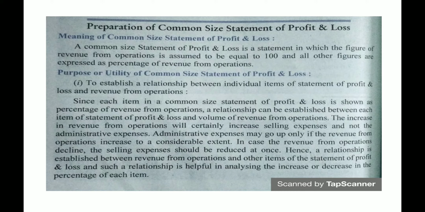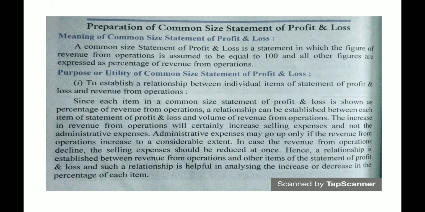To establish a relationship between individual items of the statement of profit and loss and revenue from operation. It is used basically for comparing two or more years' figures and knowing whether we are having good management or good profit, right? It is also used for knowing the financial condition from time to time.